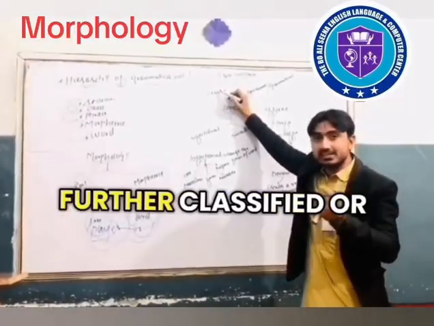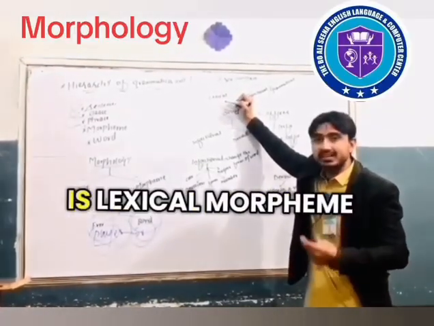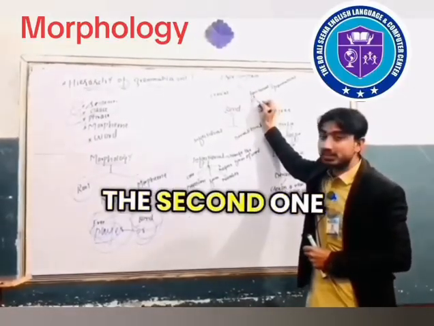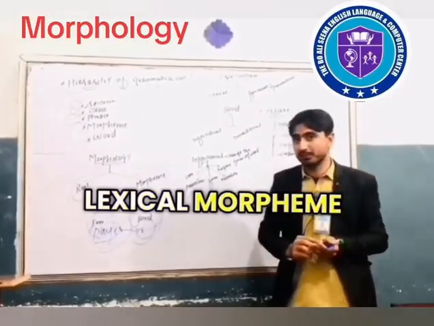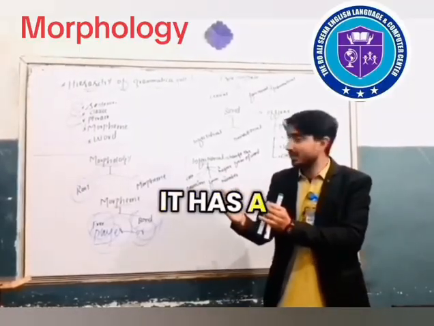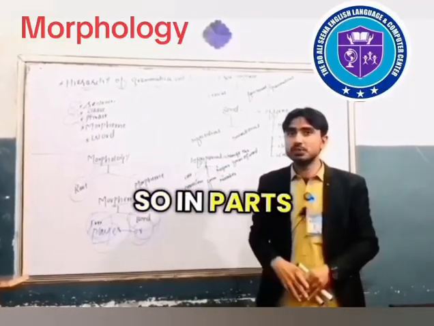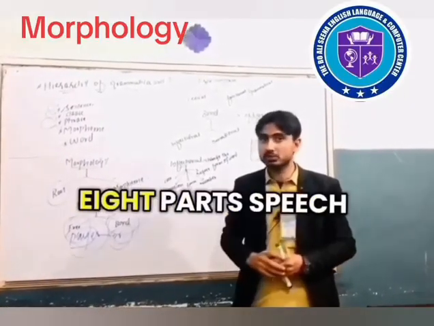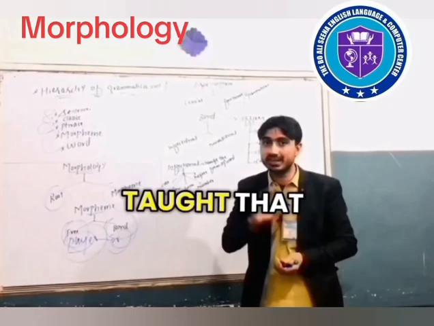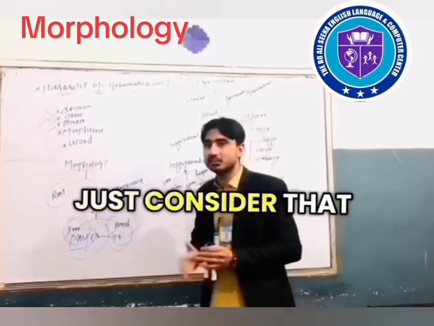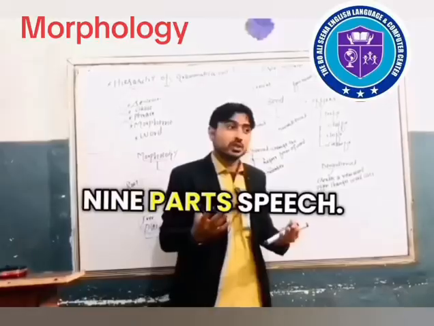Free morphemes are further classified into two parts. The first one is lexical morpheme, the second one is functional or grammatical morpheme. What is lexical morpheme? It has clear meaning. They usually are open class. In parts of speech we have 8 parts of speech, and some people consider that we have 9 parts of speech.